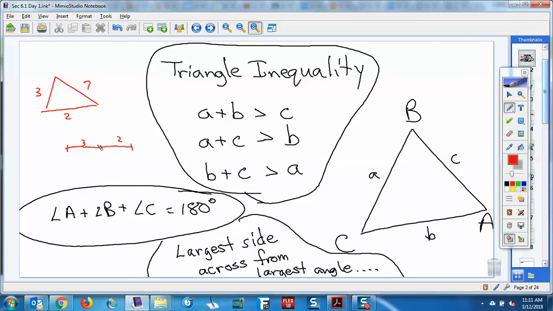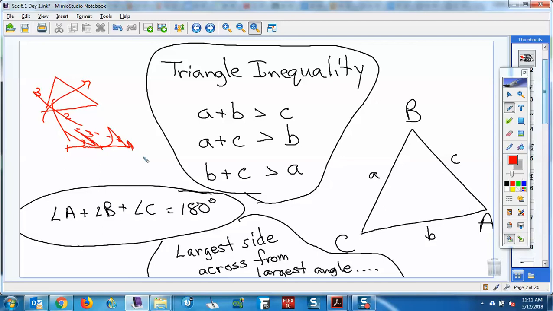So there's no way that distance there could be 7. So that wouldn't make a triangle. I don't think that'll be an issue for us. I don't think we'll run into that in any scenarios, but that's something to just keep in mind.